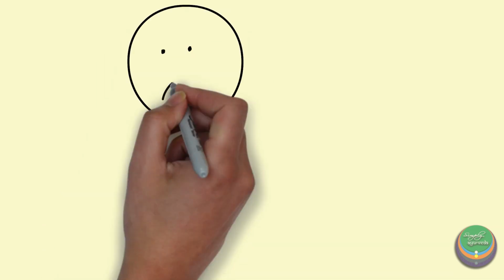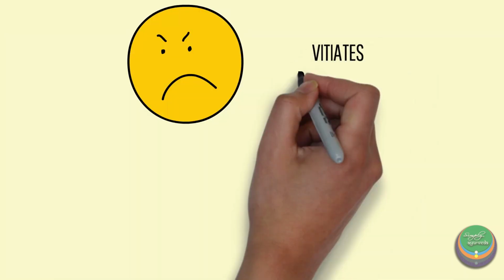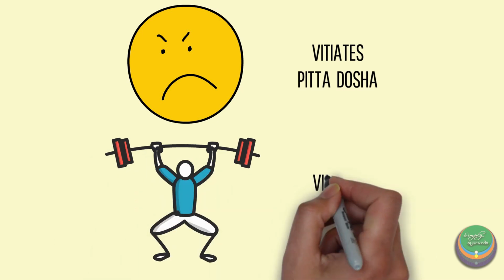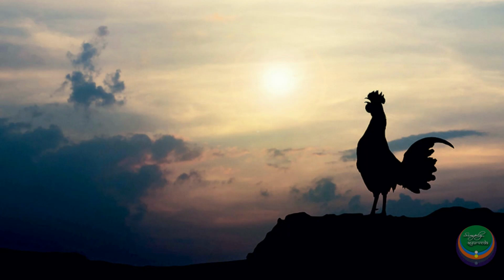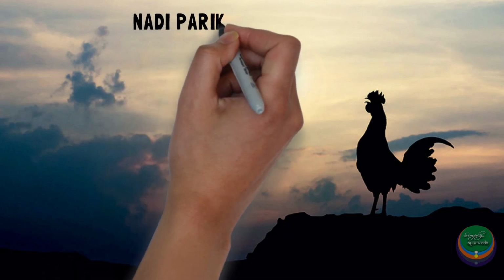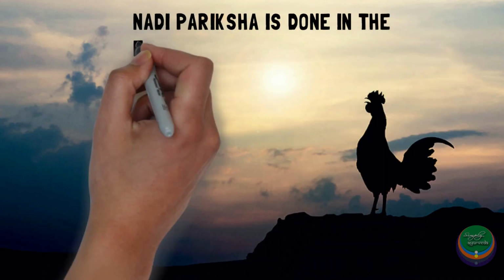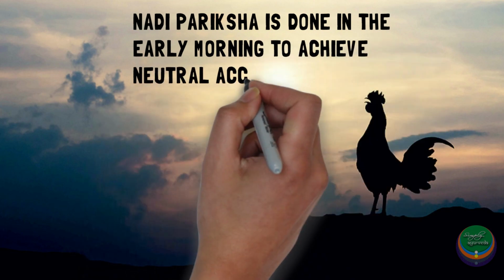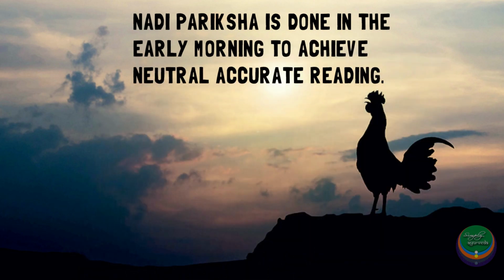For example, excess anger and exercise lead to an increase in Pitta and Vata doshas respectively. Therefore, to achieve neutral reading, an examiner must conduct Nadi Pariksha preferably early in the morning upon awakening when the person is calm and rested.